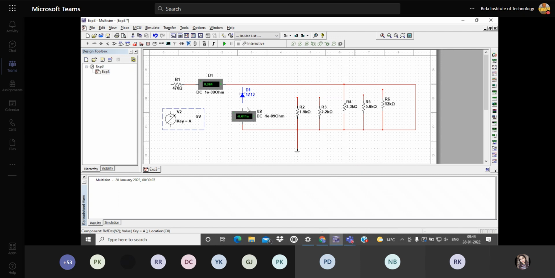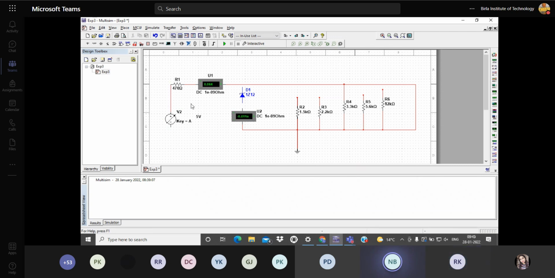In the experiment, you may choose 1Z12 Zener diode. Is it okay or is anything left here? No, it is okay. One voltmeter is left, I guess, at the end of the circuit.